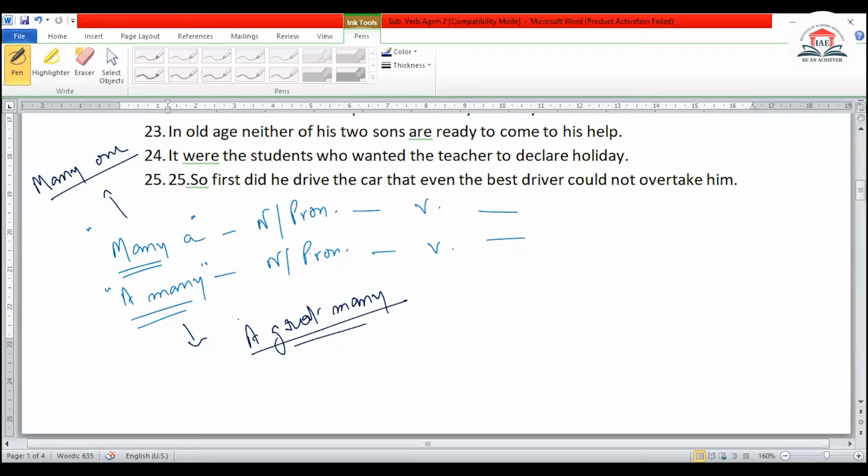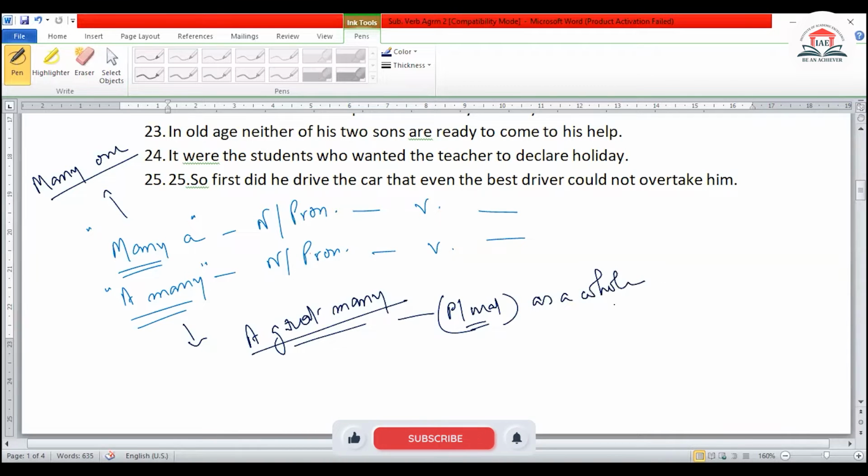Now it clearly shows that many a means a great many. That means plural. We mean, right, as a whole.